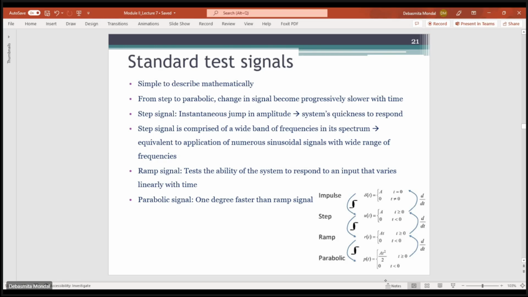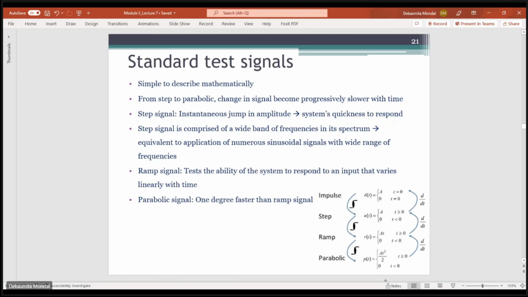Another derivative of this ramp signal will give you the step, and another derivative will give you the impulse. So these 4 test signals are basically related to each other by a simple mathematical operation.